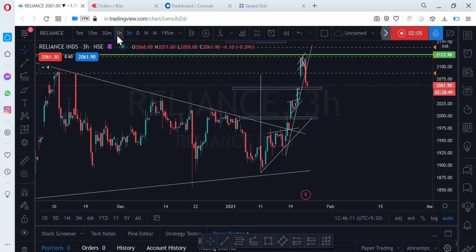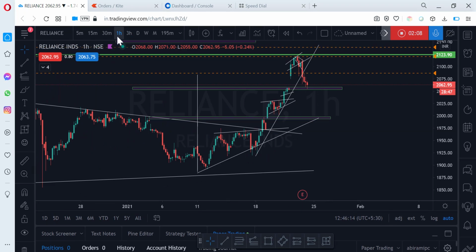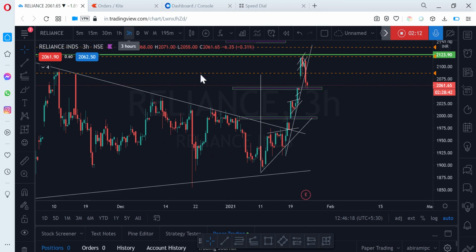Let me show it in 1 hour. I saw the pattern at 3 hours, and then I put the stop loss below this area, 1970. That was my stop loss.